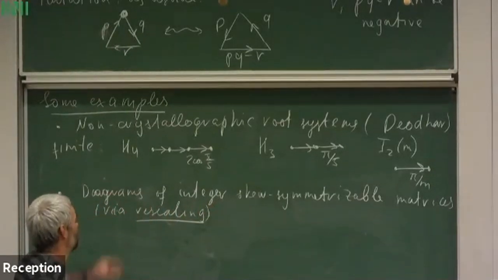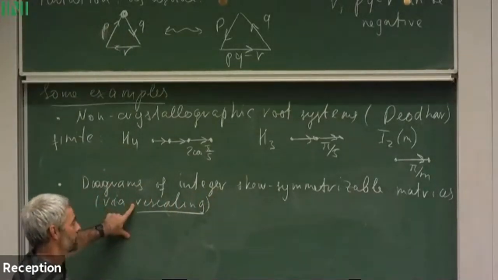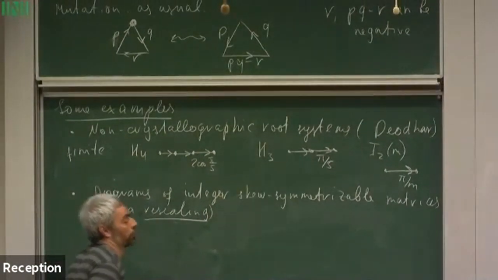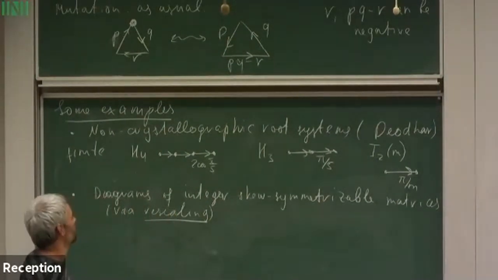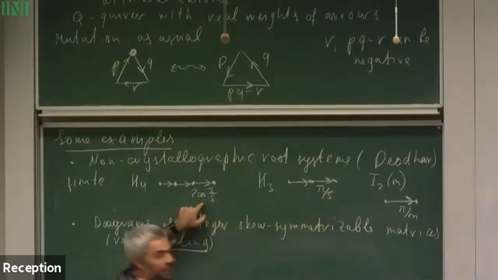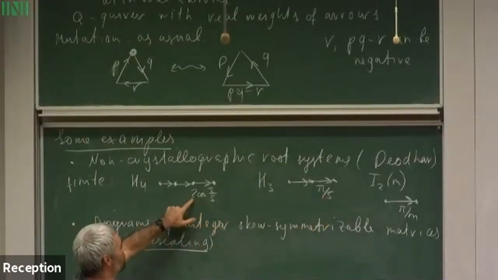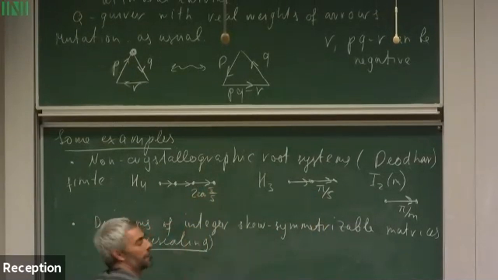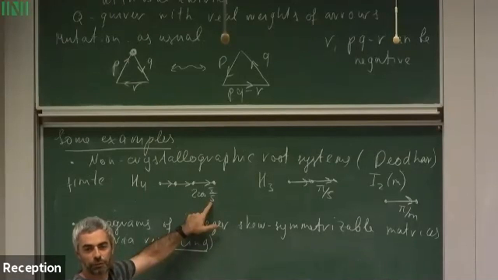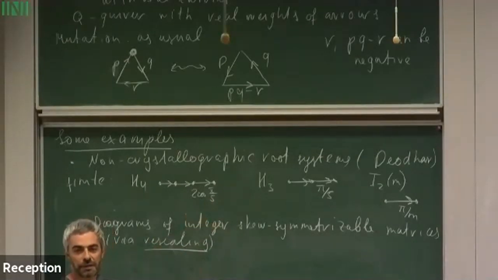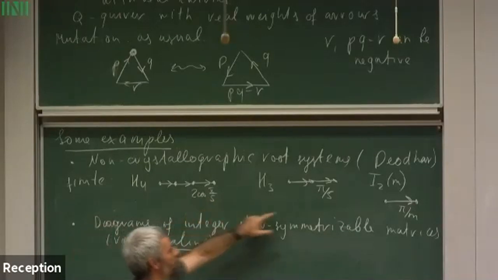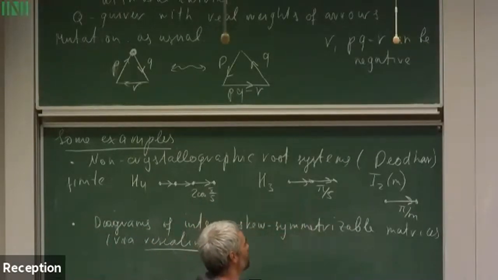I will heavily use this procedure of rescaling, so let me write a definition of it. Pi over 5 means 2 cosine of pi over 5, and pi over m means 2 cosine of pi over m. The next one is exactly the same, 2 cosine of pi over 5.